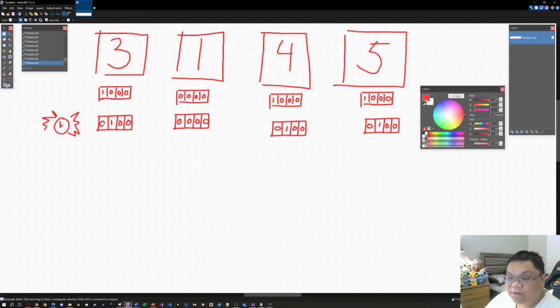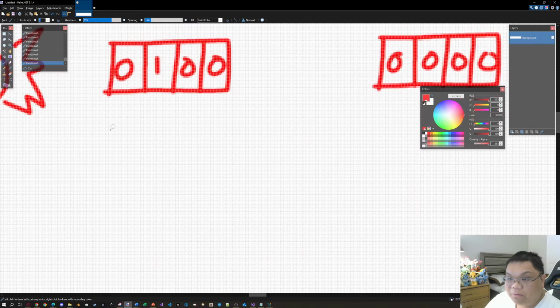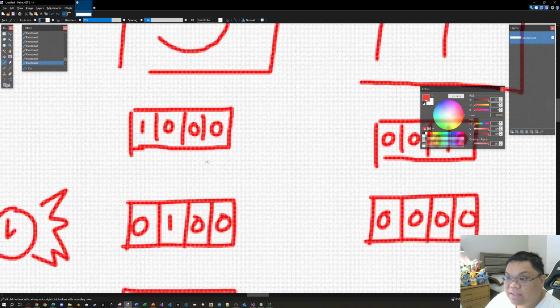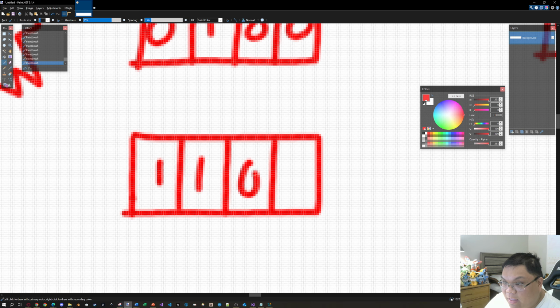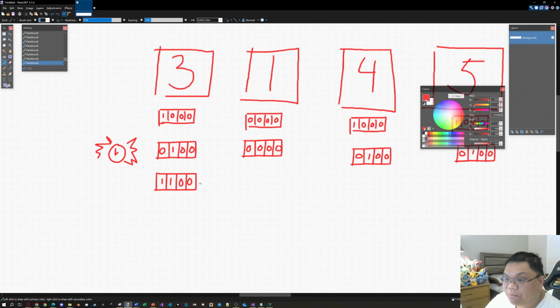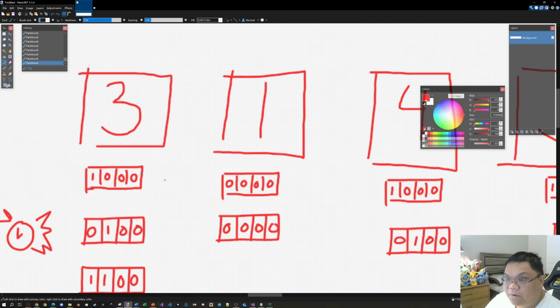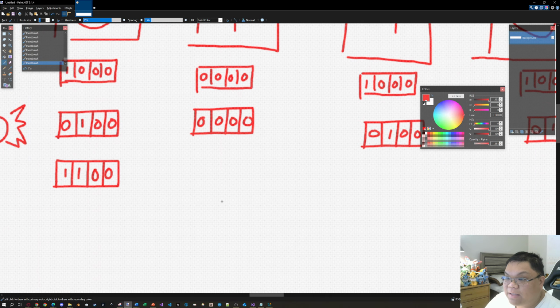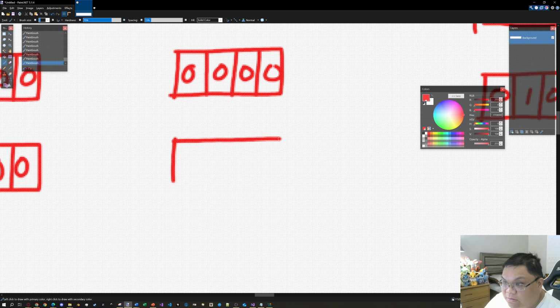Let's just say after some time, we're going to be reading or referencing some other set of pages. So let's just say we still keep on reading page 3. So that is going to flip the highest order bit from 0 to 1. And now we have 1, 1, 0, 0 for the bit sequence for page 3. Let's say we now read page 1 as well. So we'll just draw this.